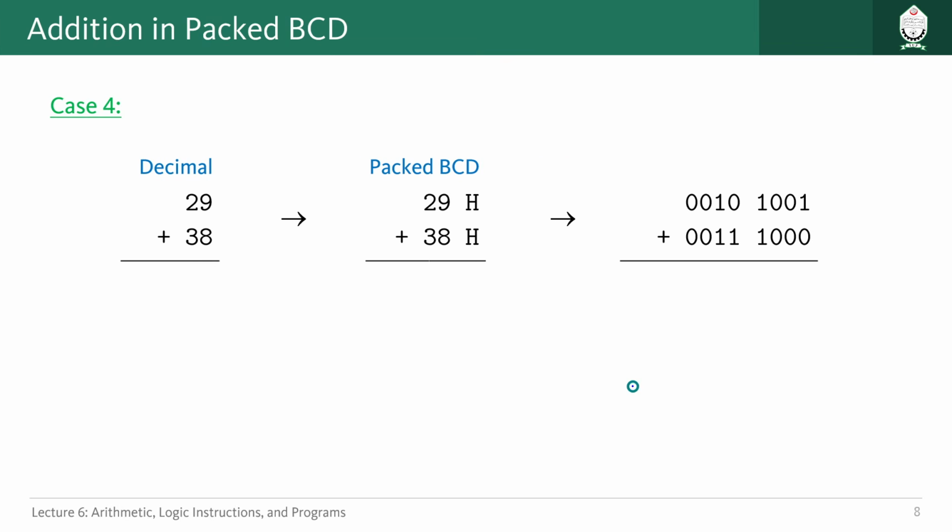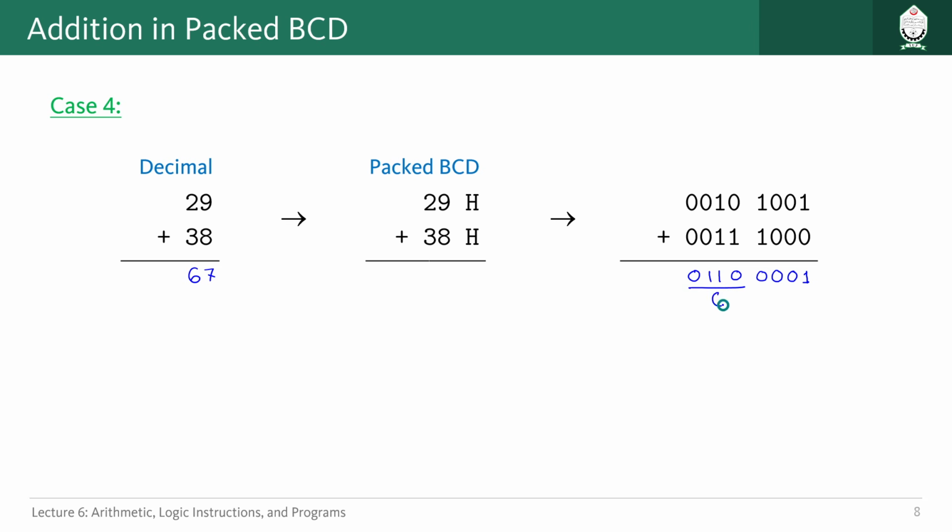Okay, next case 4, add these two values, 7, then there is a carry with that 67. This is packed BCD, this is the binary representation. If I add these two values, we get 0110 and 0001.